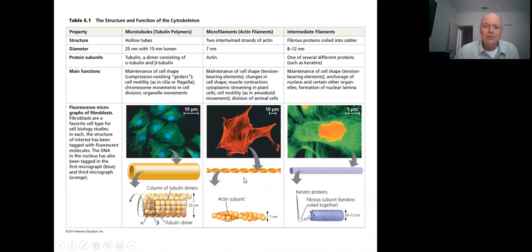The actin filaments are contractile. So these are the elastic filaments, and they are contractile elastic filaments that allow muscle cells to contract. So the interaction between actin filaments or microfilaments and another protein complex within muscle cells is what causes muscle cells to contract, which causes muscle fibers to contract, which causes the muscle as a whole to contract.